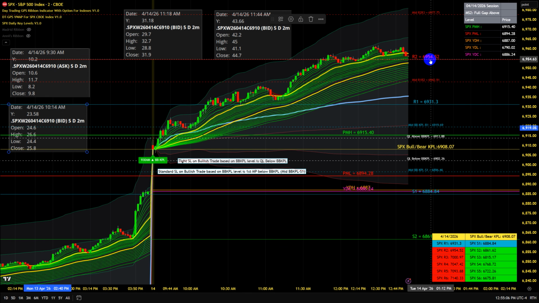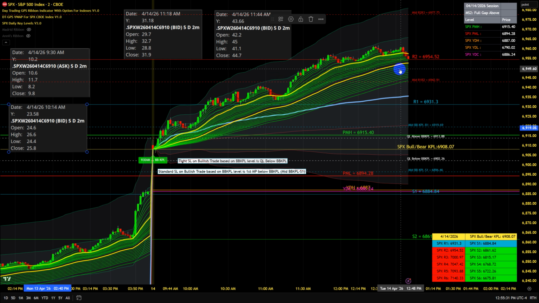So the point was, conversely, if you had a red ribbon here, let's say this was all red, which obviously it's not at the moment, it's part red and part green. So if we got a close below here, there would be no bearish trade because we have just a partially red ribbon.